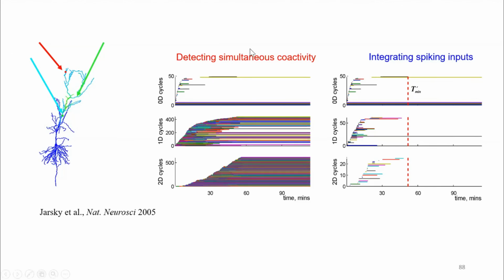So let me explain what you are seeing here. We modeled the topological structure of this coactivity pattern, this hippocampal activity in a bat. The bat is flying in 3D. And this is what happens if you detect coactivity simultaneously, and this is what happens if you integrate spikes.